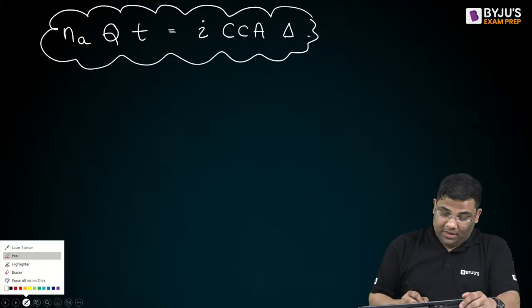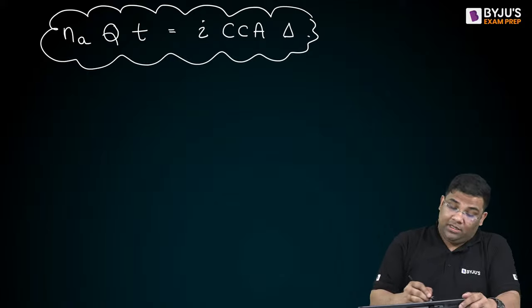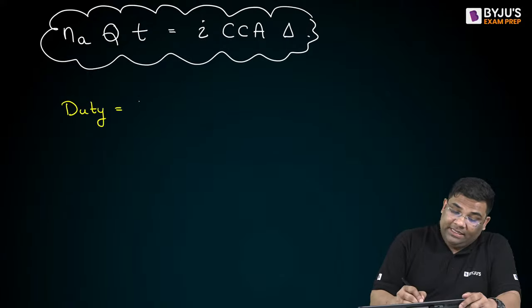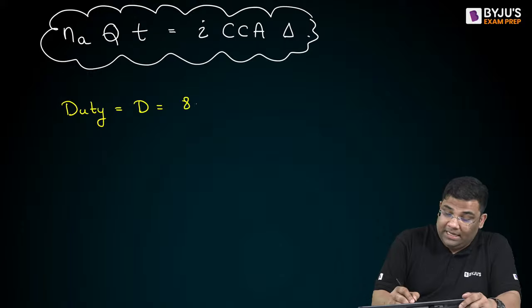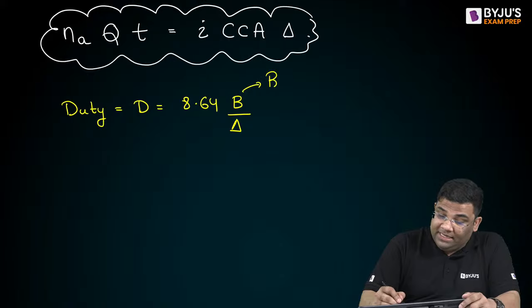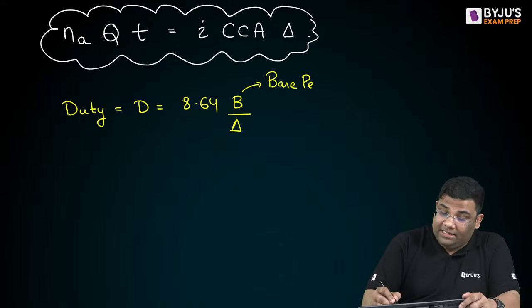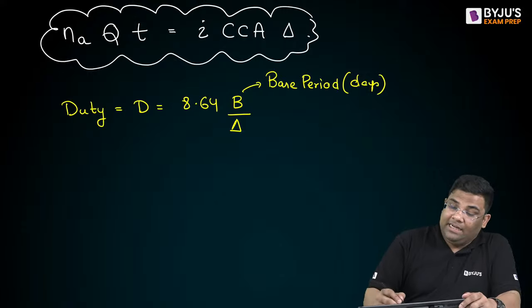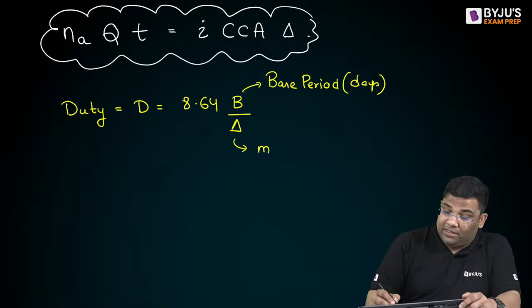This is one formula. Another formula we use to find out duty. What is duty? Duty D is equal to 8.64 B by delta, where B is the base period in days, and delta is the depth of irrigation in meters.